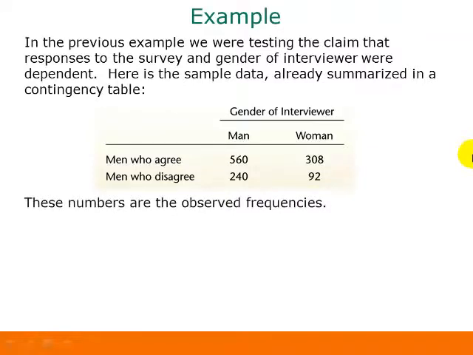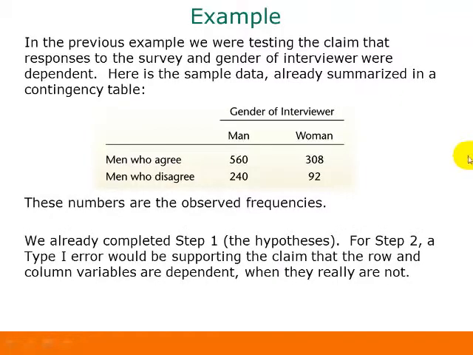The numbers in this table come from our sample, so these are the observed frequencies. And we already completed step 1, the hypotheses. For step 2, a type 1 error would be supporting the claim that the row and column variables are dependent when they really are not.